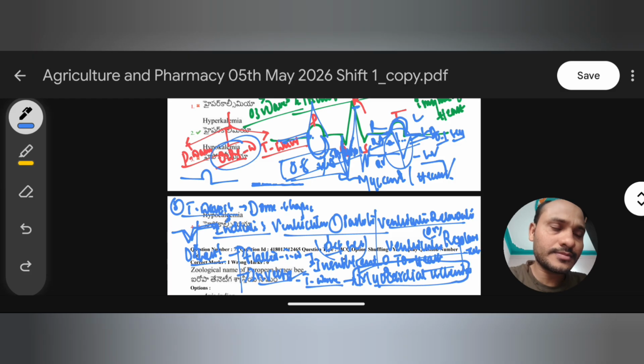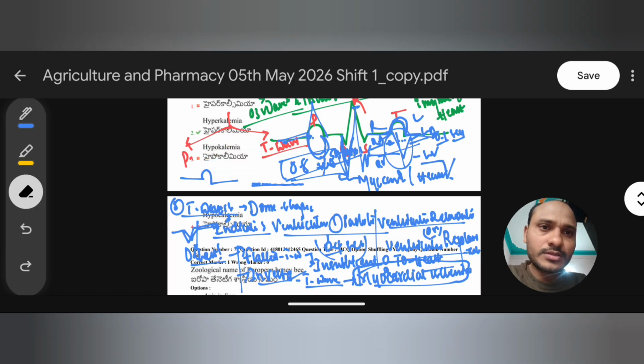Just now we discussed that enlarged Q waves indicate myocardial infarction, heart attack. But inverted T waves indicate myocardial ischemia. And not only that, one more important thing: if there are abnormally tall T waves. Generally we have T waves like this, a dome shape.